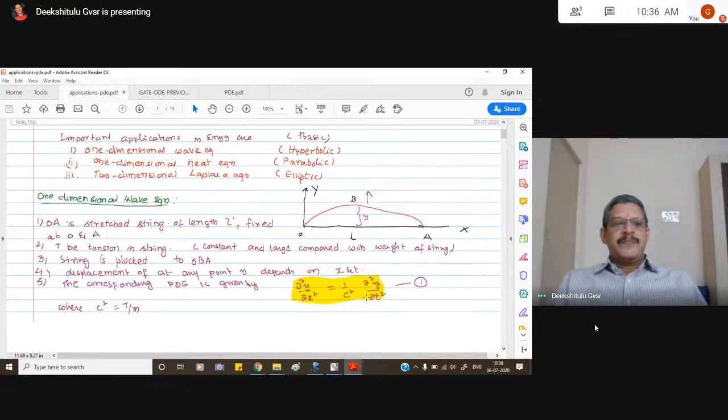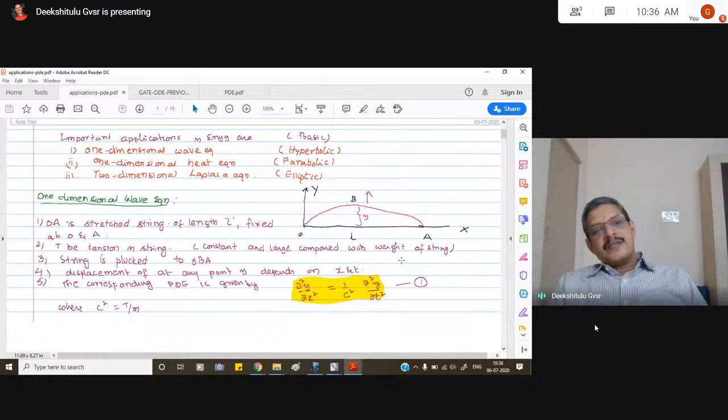Let T be the tension in the string, constant and large compared to the weight of the string. Why we use this condition is to neglect the gravitational effects.